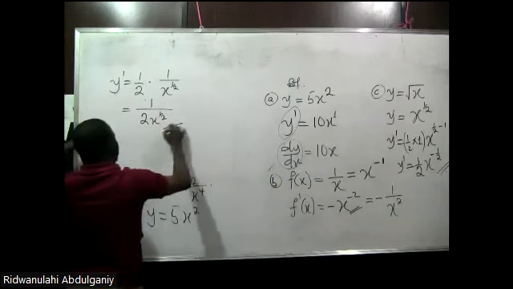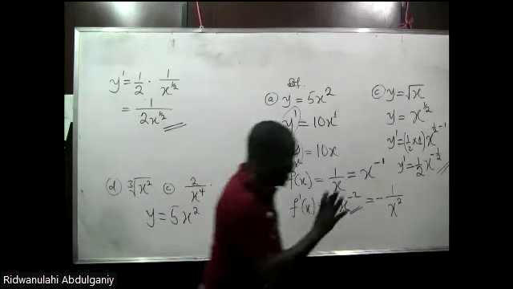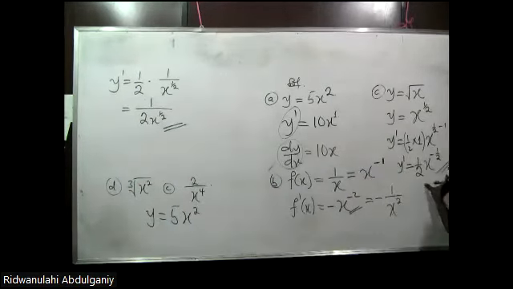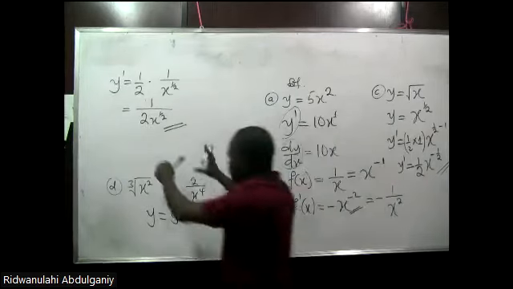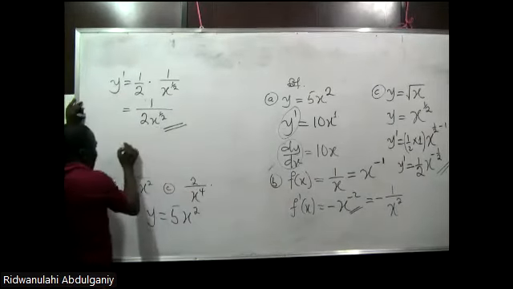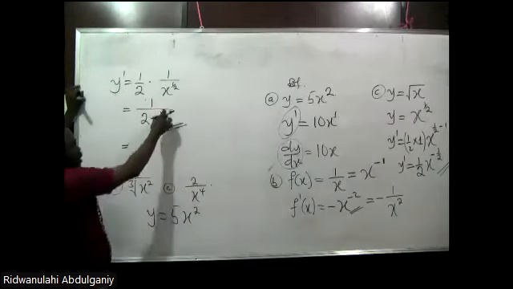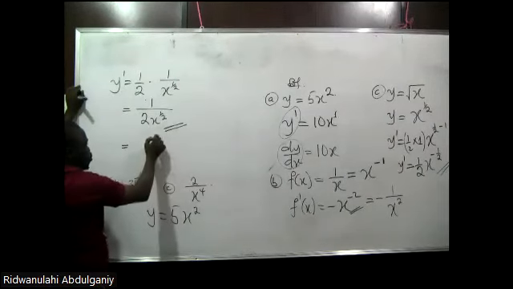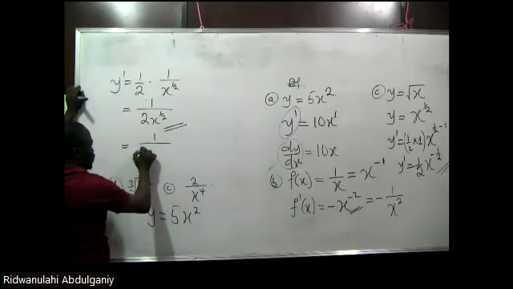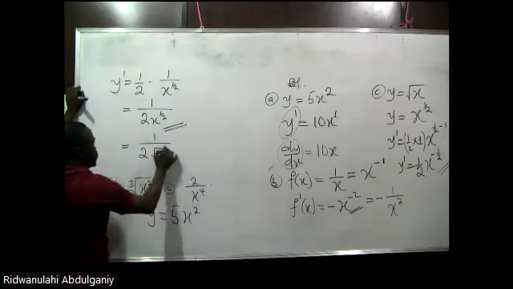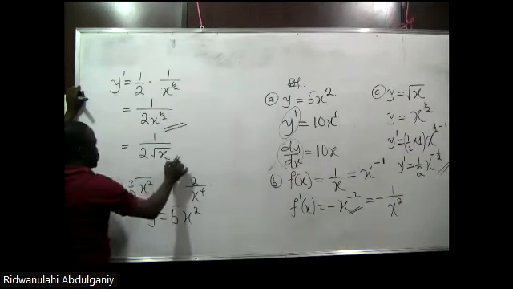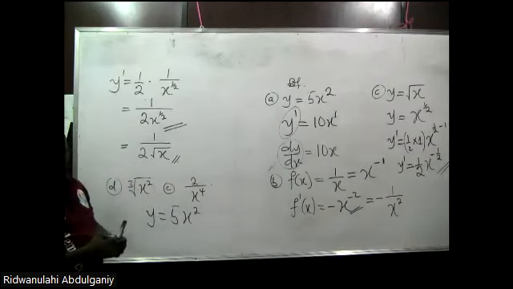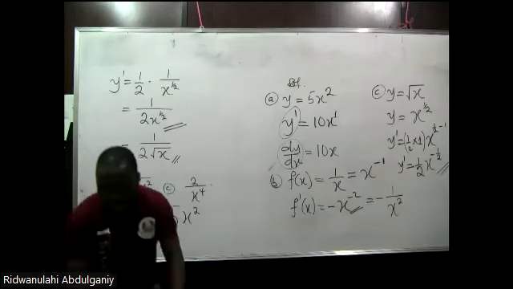You can as well leave your answer this way. And if we like, we can move a step further. Convert this one back to root: 1 divided by 2 square root of x. So 3 ways through which the answer can be left.